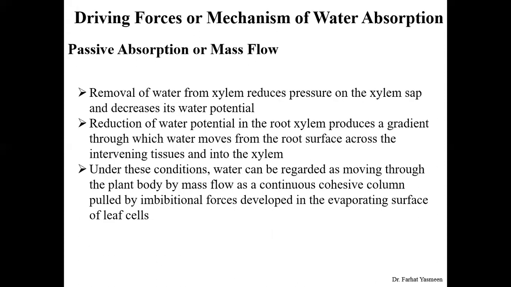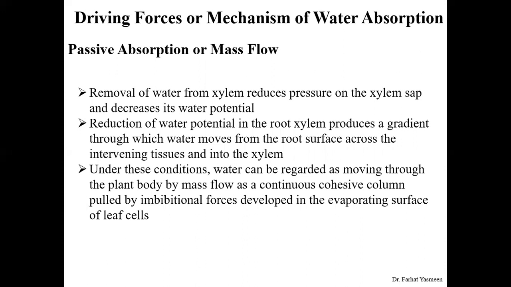Removal of water from the xylem reduces pressure on the xylem sap and decreases its water potential. Then, when the water potential is reduced in the xylem, a gradient is produced through which water moves from the root surface across the intervening tissues and then into the xylem.